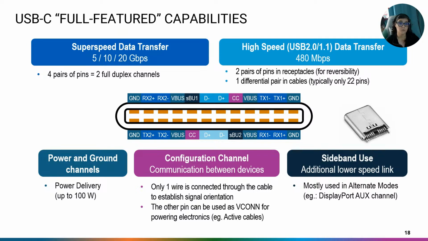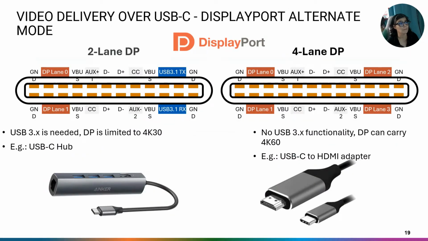So somebody can be doing a presentation and not have to worry about their laptop dying. There's a couple of configuration channels in that USB-C as well. And then there's some sideband use, which is going to give you your alternate modes. And this is very, very important when we start talking about wanting to get that 4K 60. So let's go ahead and talk about that a little bit.